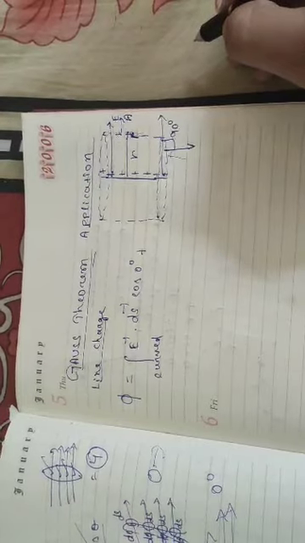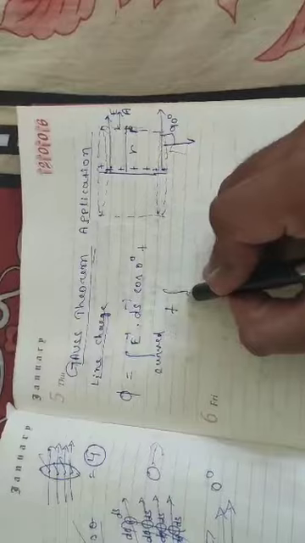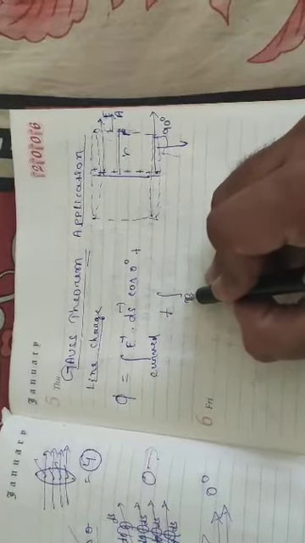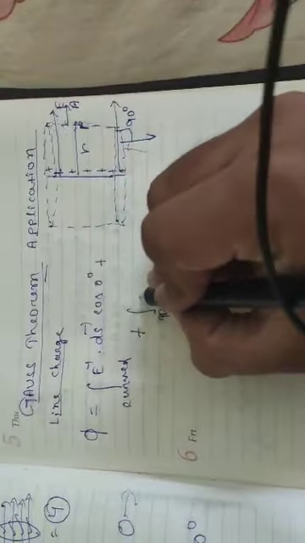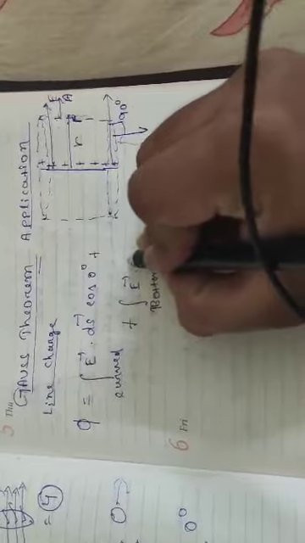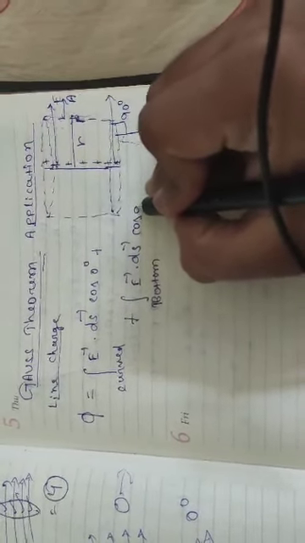They are making 90 degrees. So what is cos 90 degree? 0. So simply we will write integration over the bottom of E vector dot dS vector cos 90 degree.